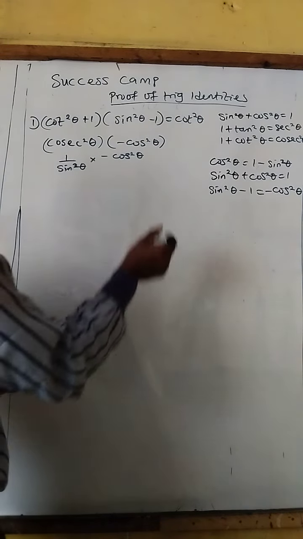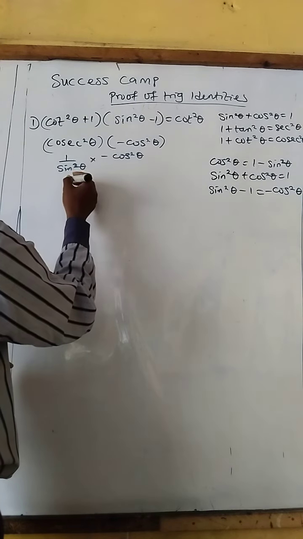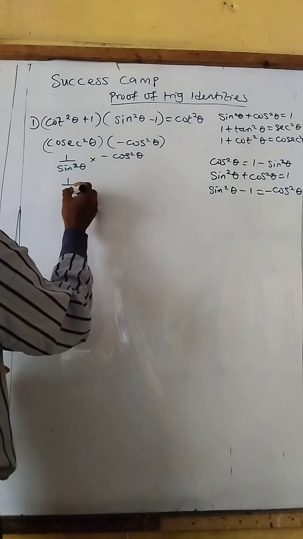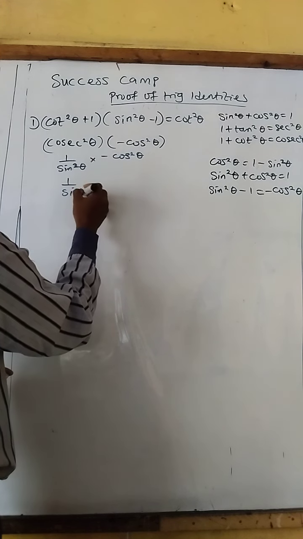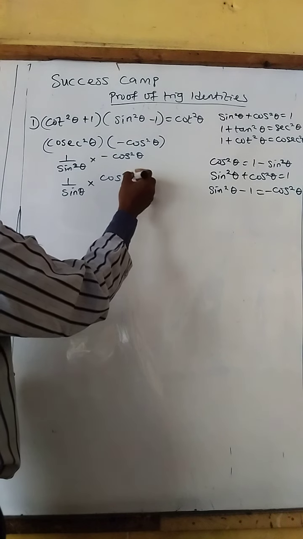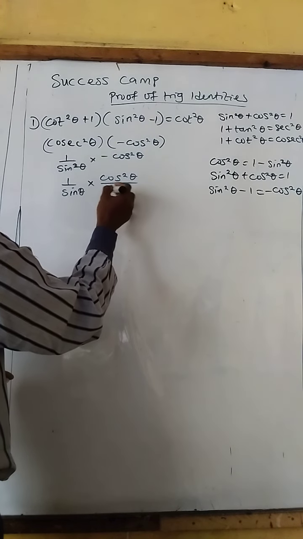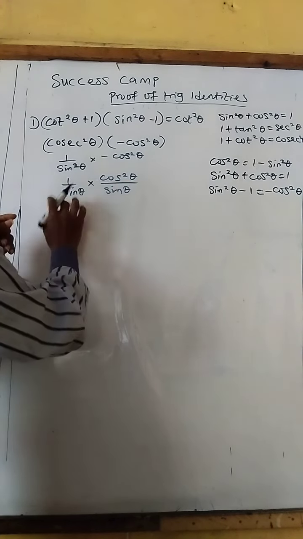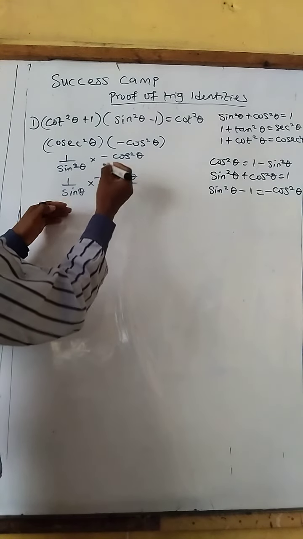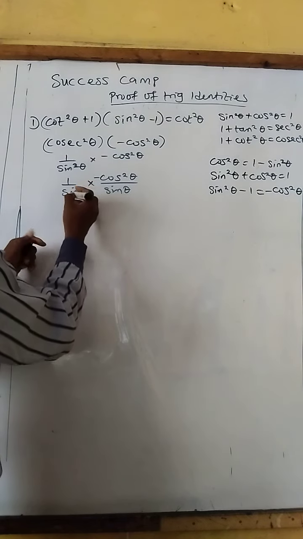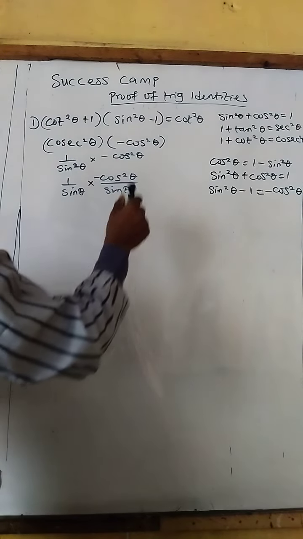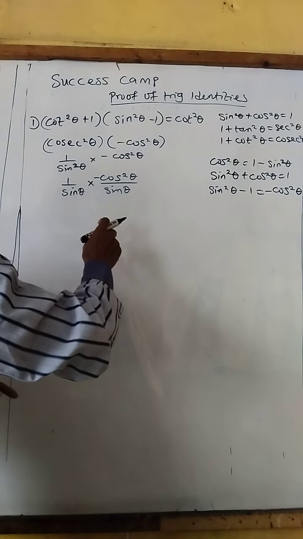So by doing this, I also know that my 1 over sine squared theta can also be 1 over sine theta times cos squared theta over another sine theta.